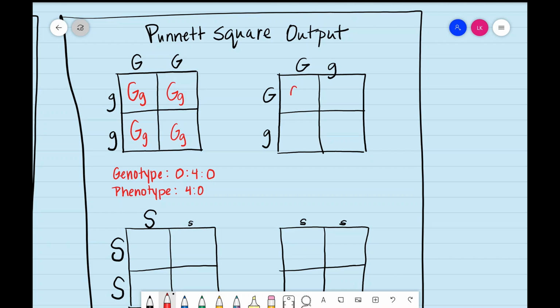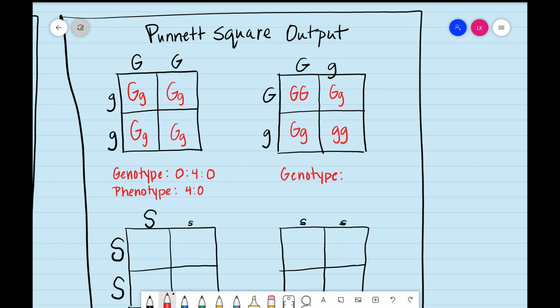Next we have capital G, lowercase, lowercase, lowercase, lowercase. Okay, so the genotype ratio here, and this is just extra, this is if you're interested in the advanced portion of the test. The genotype here is going to be, so we always start with homozygous dominant.